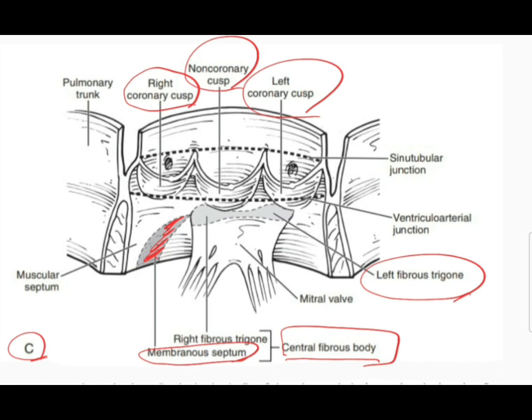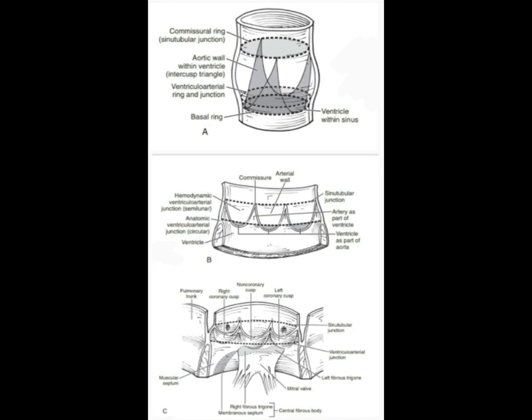And you can see the right fibrous trigone near the membranous septum. It is important in surgical anatomy. Finally, I must say that understanding this anatomy is crucial for surgeons during valve replacement or root repairs. Thank you for your attention.